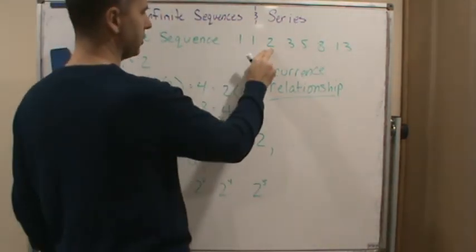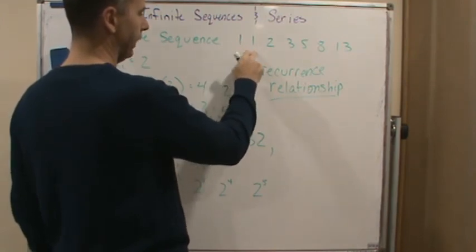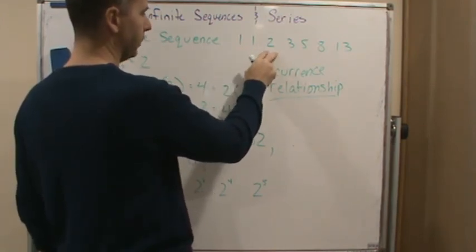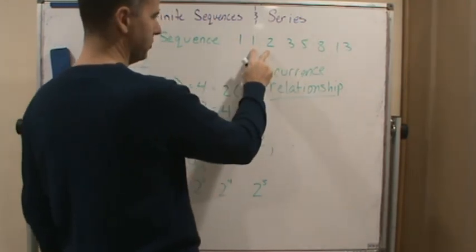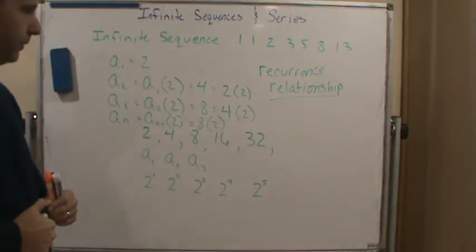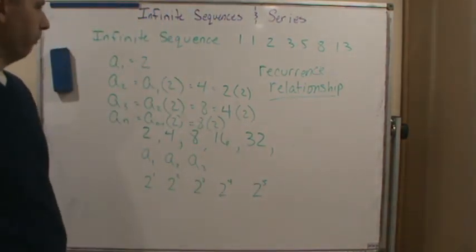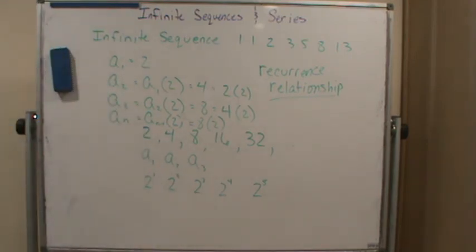We start with these two, a sub 1 and a sub 2, and then a sub 3 is these two summed together, and then a sub 4 is these two summed together, and so on. So it's the sum of the previous two terms. That's another thing to keep in mind.